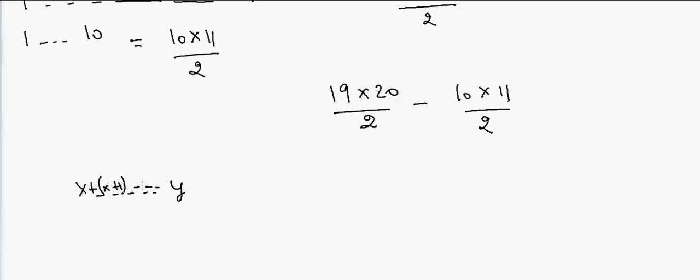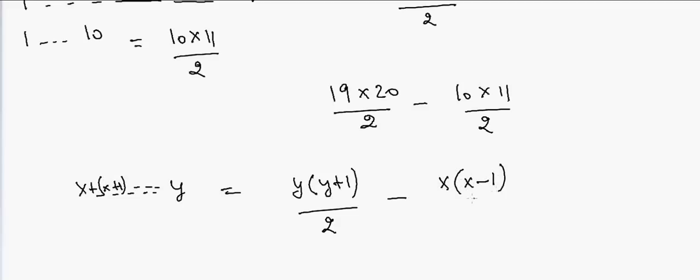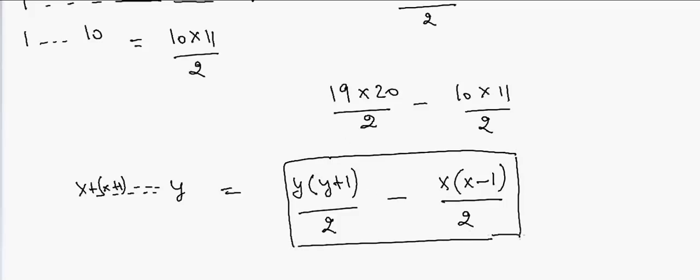In that case I can write this as y into y plus 1 divided by 2 minus, and here we have to be careful, because this is x, so this will be x into x minus 1, because we are adding until x minus 1, divided by 2. So that will be our answer if we have to add numbers in series.